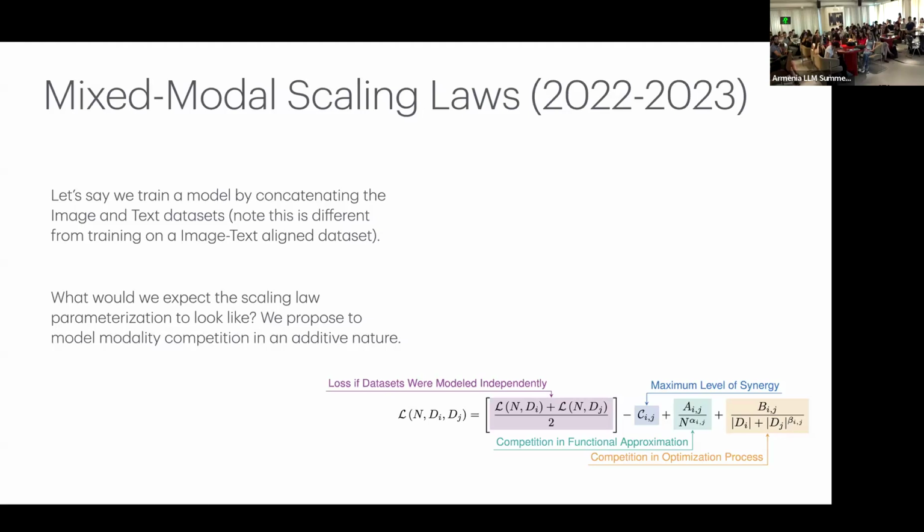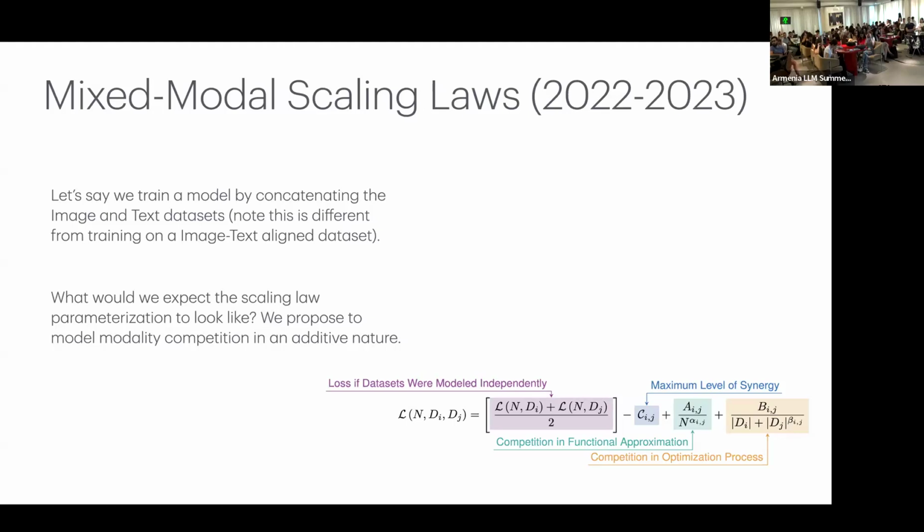But shouldn't we consider a loss of the DI data set model with n1 parameters and a loss of the DJ data set model with n2 parameters such that they add up to n? Because the loss written for independence, when the modalities are independent, is a loss of 2n parameters rather than n parameters.